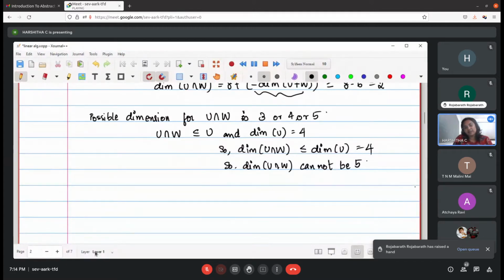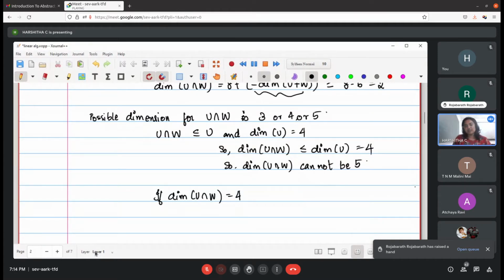What happens if dimension of U intersection W is 4? So you have U intersection W is contained in U. U itself is dimension 4, and you have a subspace of a dimension 4 subspace, which is also dimension 4.